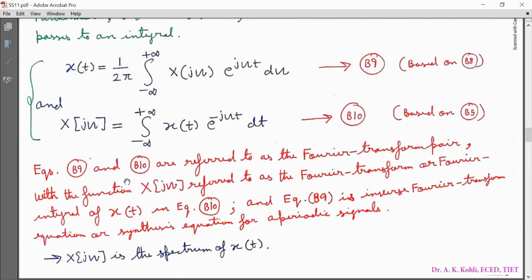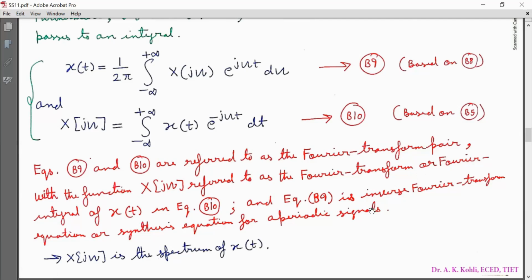Now equations B9 and B10 are referred to as the Fourier transform pair, with the function capital X(jω) referred to as the Fourier transform or Fourier integral of x(t) in equation B10.